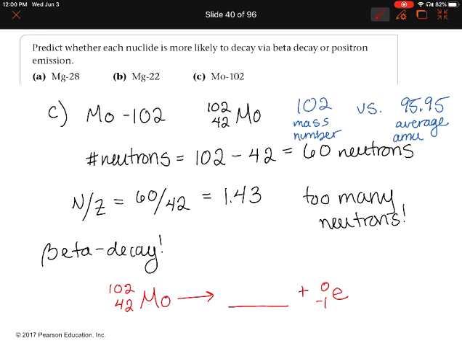Again, the mass number stays the same. And what is our new atomic number? It is 43, because 43 minus 1 equals 42. Looking on the periodic table, we'll find that the element with atomic number 43 is Tc. I'm not even going to try to pronounce the name of that one.